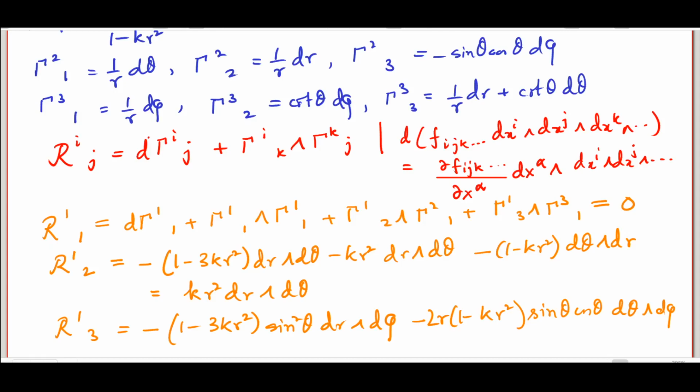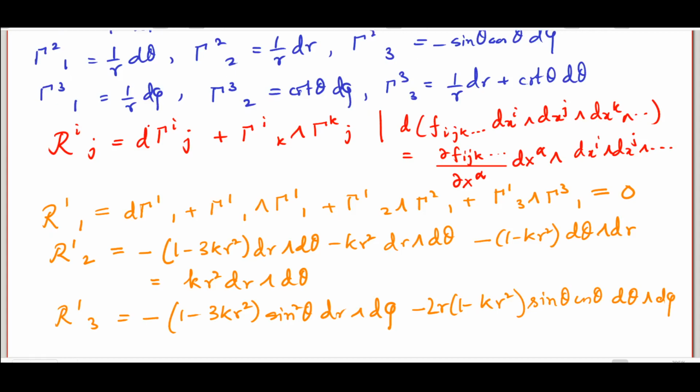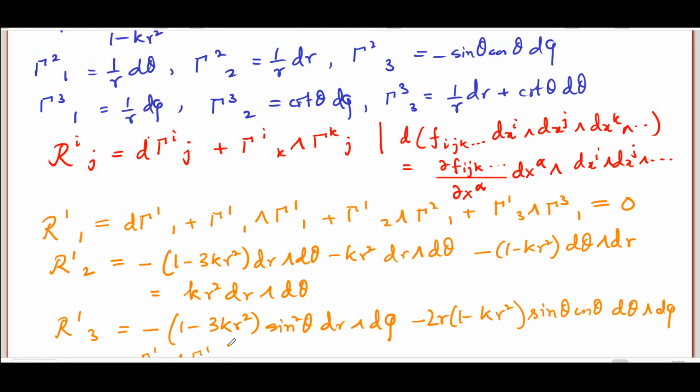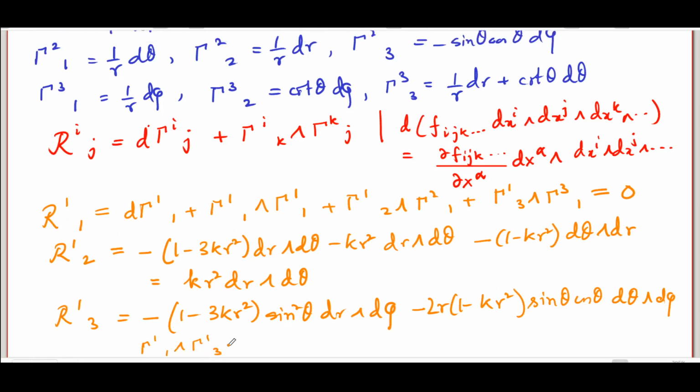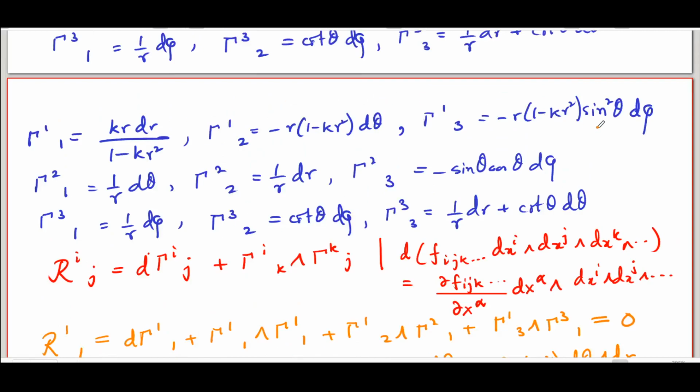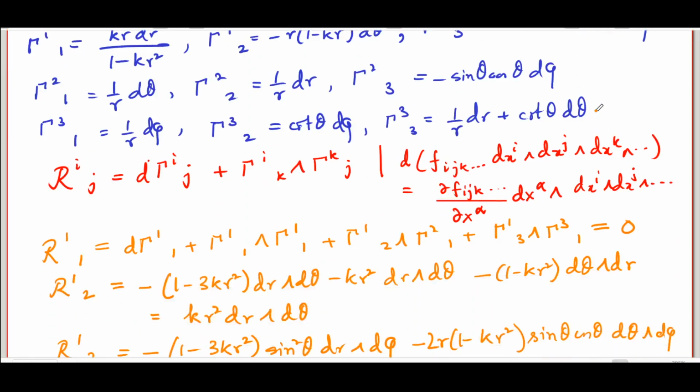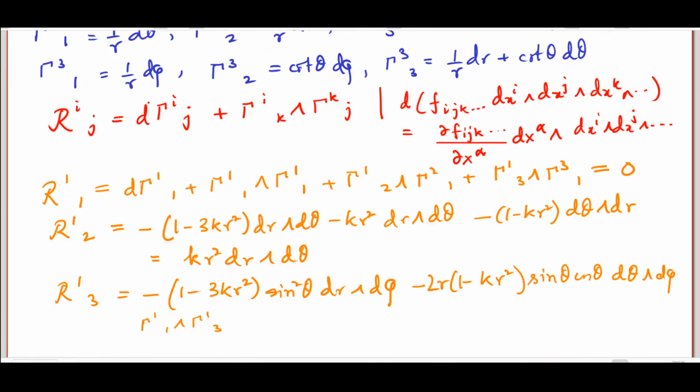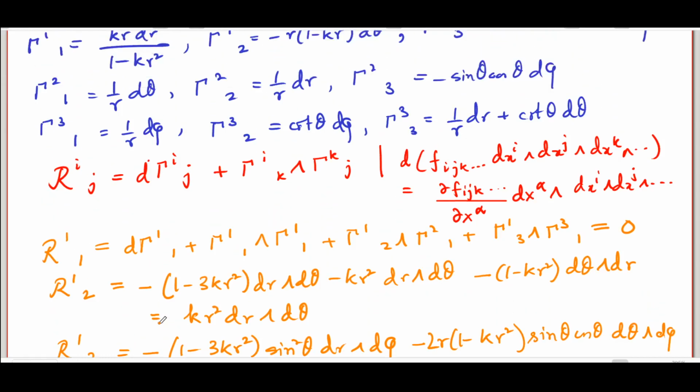What we need to do is add to this gamma 11 wedge gamma 13, which actually is not 0. It's going to be the product of these two. The 1 minus kr square will cancel. You're going to get minus, okay, let's get rid of this and just write it down. We have to be careful about the signs.